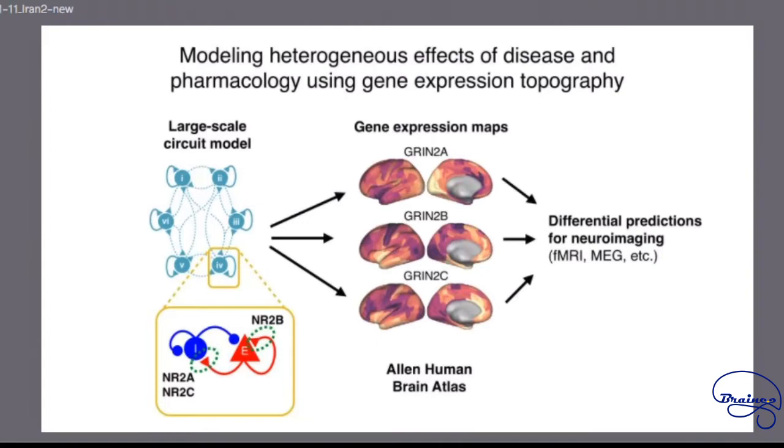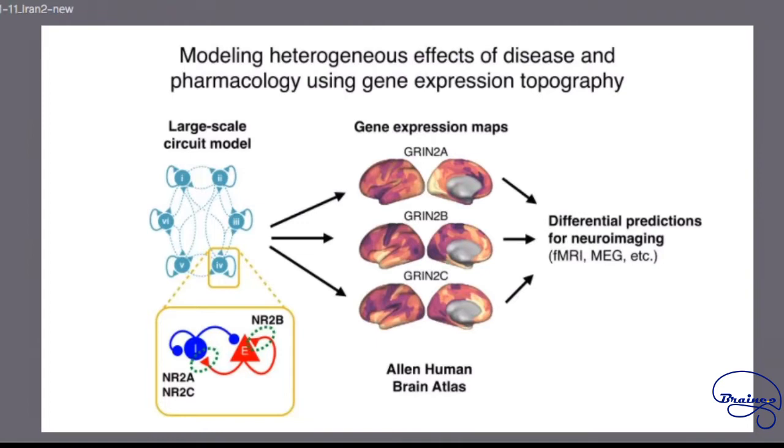We can use the large-scale gene expression mapping that we derive from the Allen Human Brain Atlas to talk about which brain regions, which cortical regions, are preferentially targeted by the drug due to their density of the different receptors.